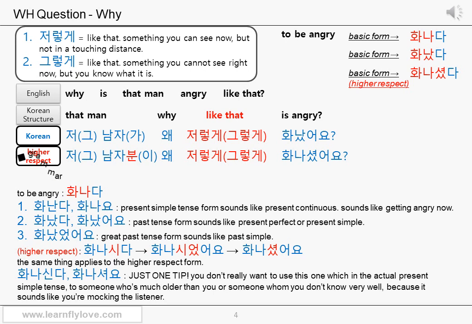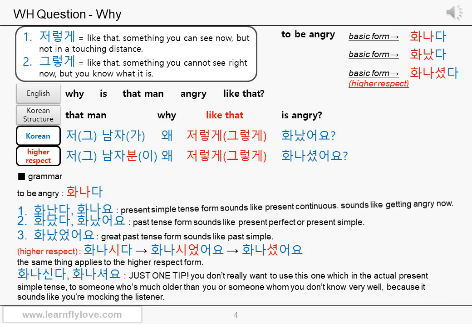Let's see the grammar section. We think maybe it's okay for you to go a little bit deeper this time. As you said, the basic form of the adjective "angry" is 화나다, and 화나 must be the stem. Then let's take a look at the first one below. 화난다, 화난다. Have you ever seen this form before with 은다 sound added?